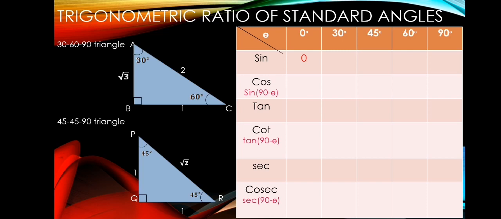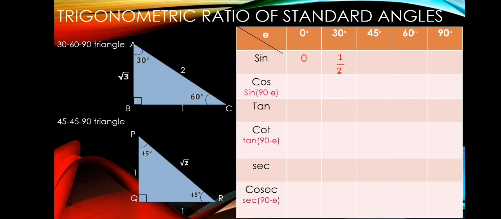If we overlap side AC, that is hypotenuse, with side BC, the angle between these two will be 0. And the side in front of that angle 0 will also be 0. So sine theta will be 0.